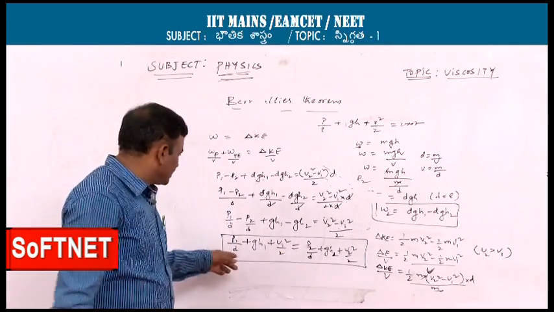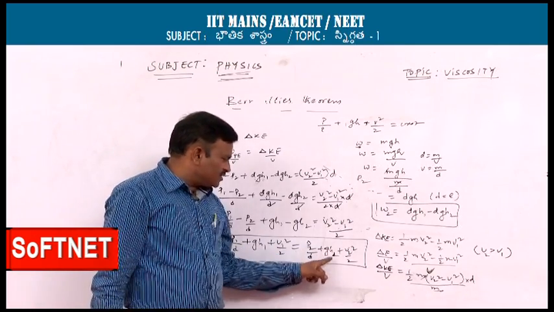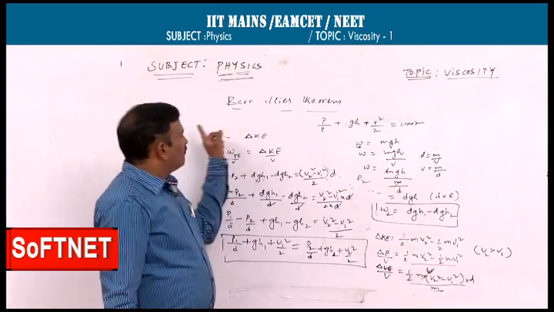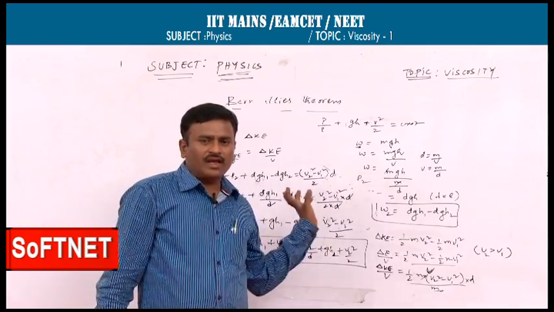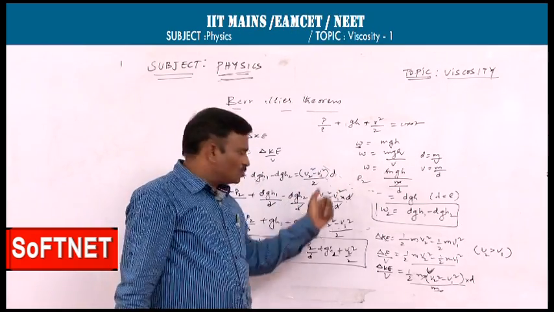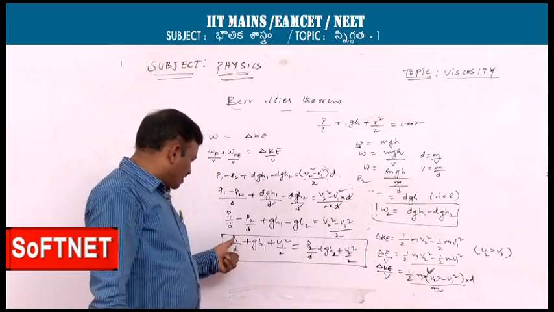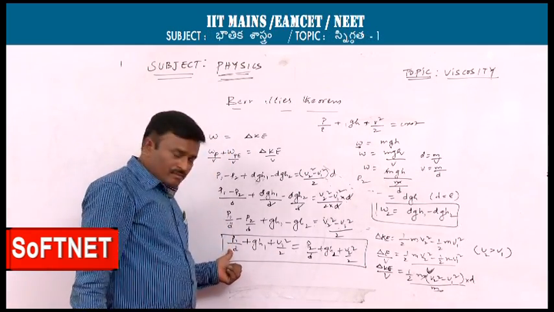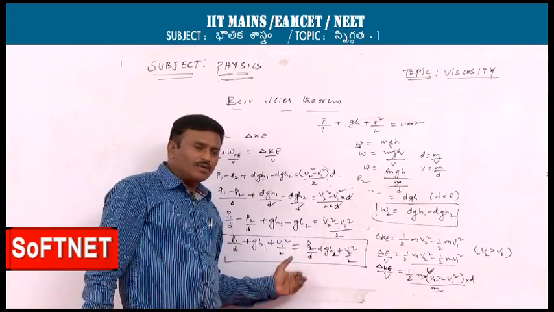Let us see exactly: P1 by d plus g h1 plus v1 square by 2, P2 by d plus g h2 plus v2 square by 2. We are taking two cross-sectional areas, so two expressions we got. However many cross-sections you consider, that many expressions you will get. That means the total sum of pressure energy per unit volume, potential energy per unit volume and kinetic energy per unit volume is constant.